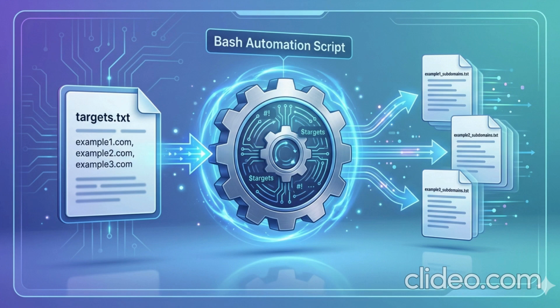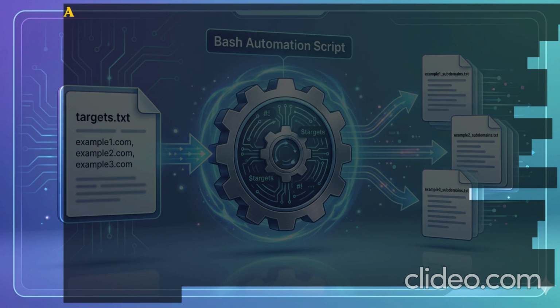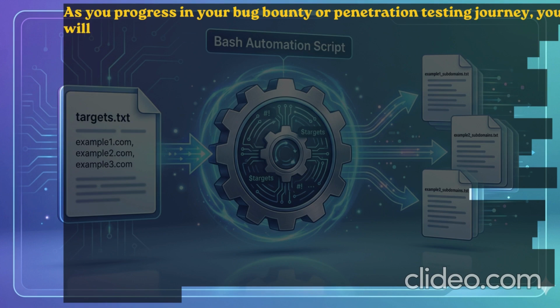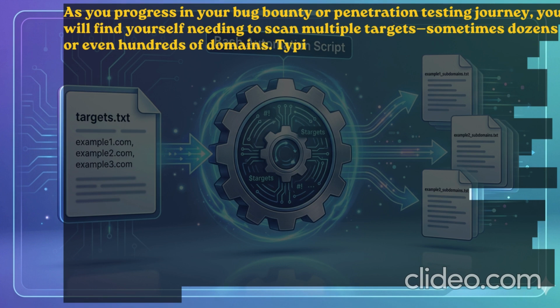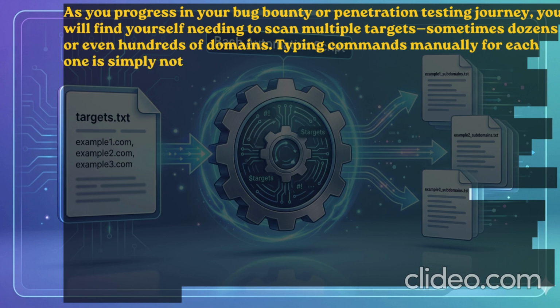As you progress in your bug bounty or penetration testing journey, you will find yourself needing to scan multiple targets, sometimes dozens or even hundreds of domains. Typing commands manually for each one is simply not efficient. Enter automation. You can easily wrap Sublist3r in a bash script to scan multiple domains sequentially.